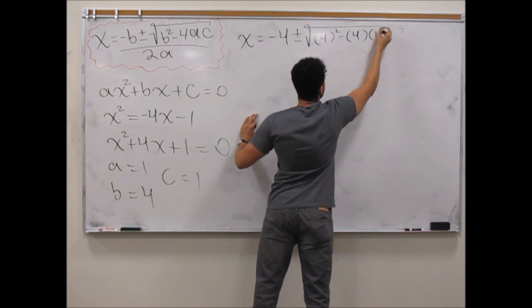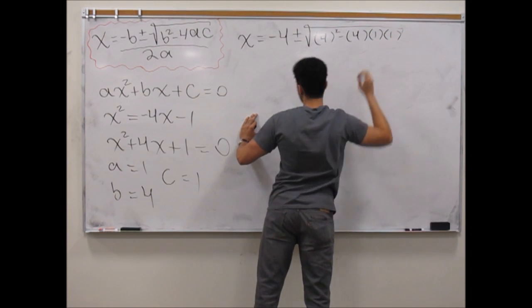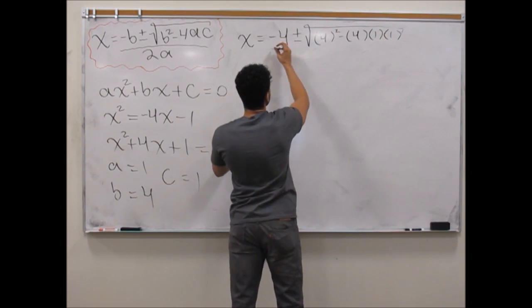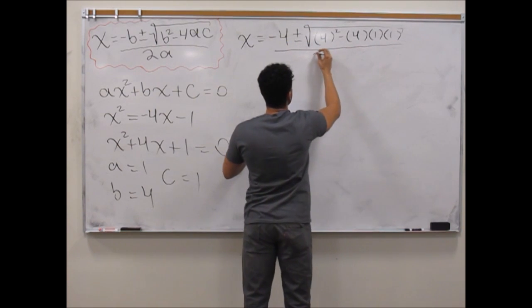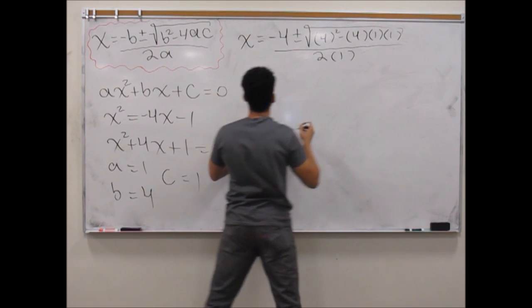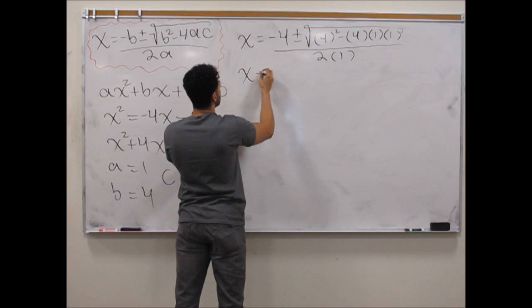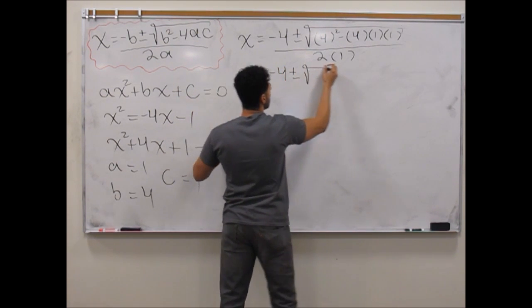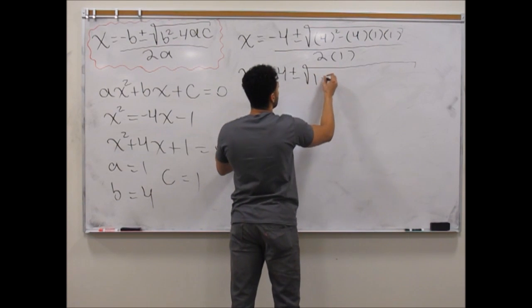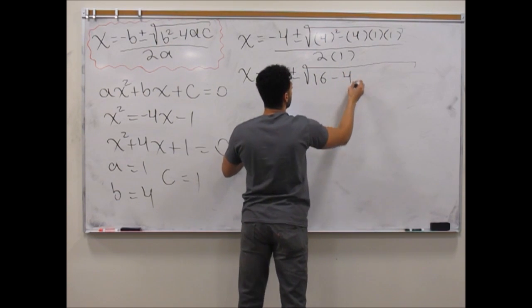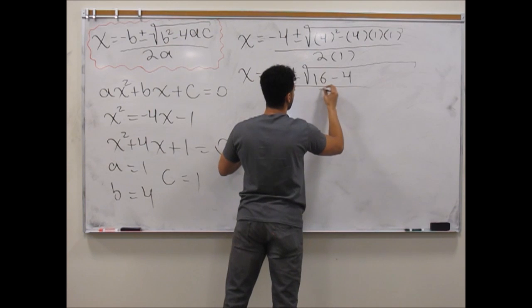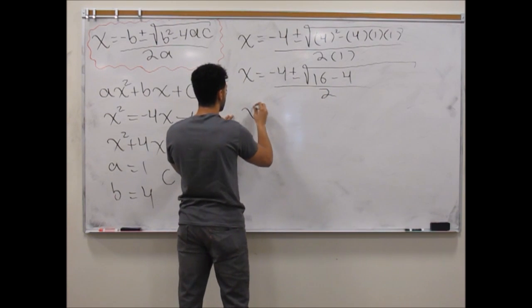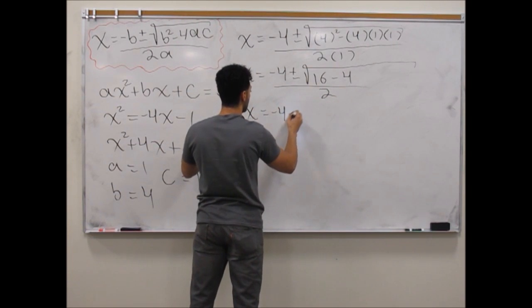Our a was 1, our c was 1. This is all over 2 times a, which was 1 again. So we get that x is equal to negative 4 plus or minus the square root of 16 minus 4 all over 2.